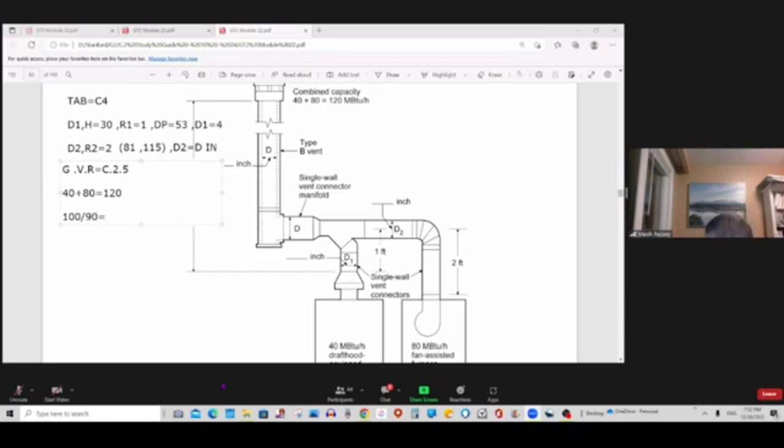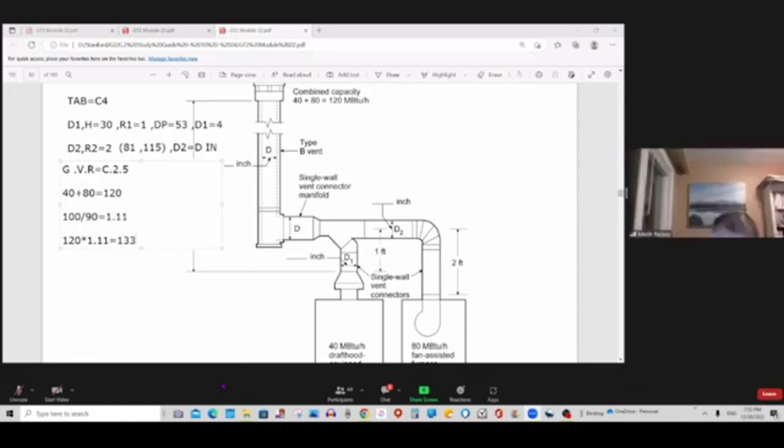Which is equal to 1.11, right? It is 1.11. Now 120 times 1.11 equals 133.2.